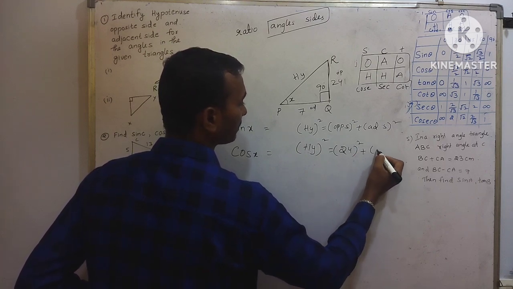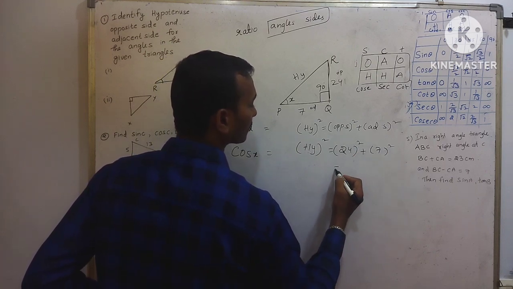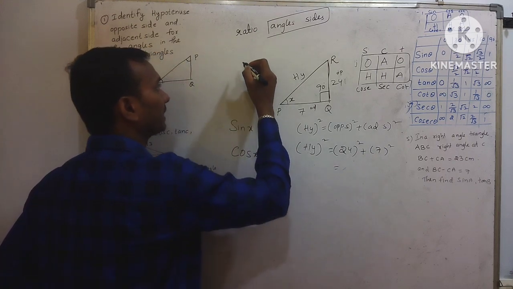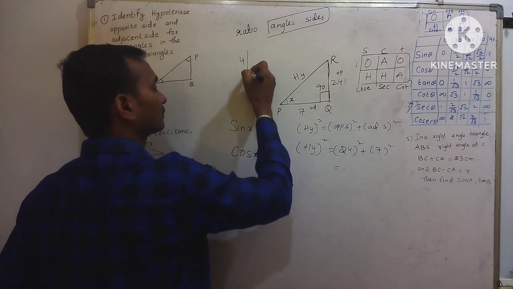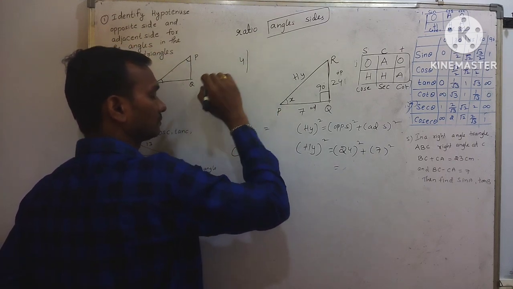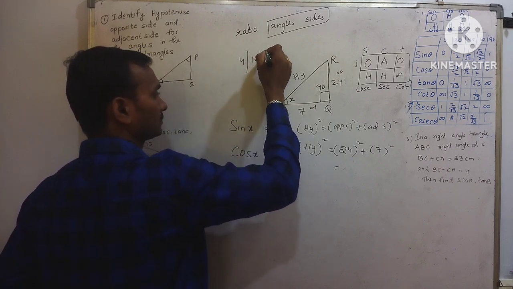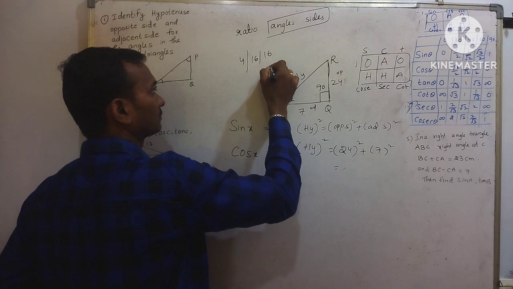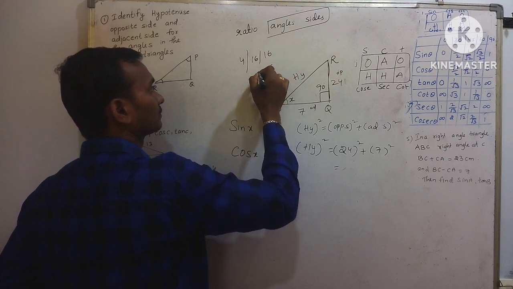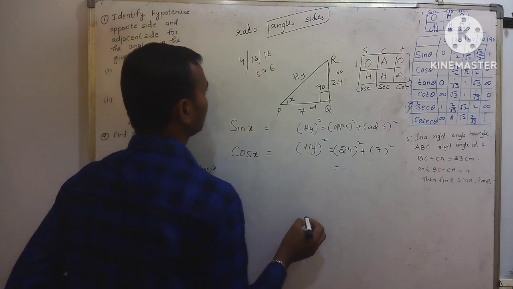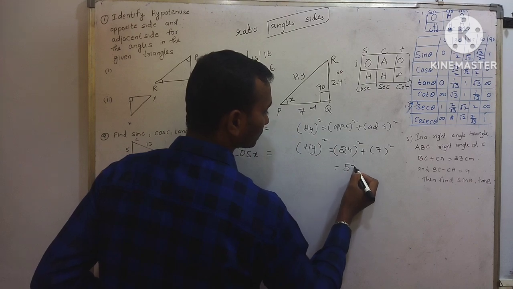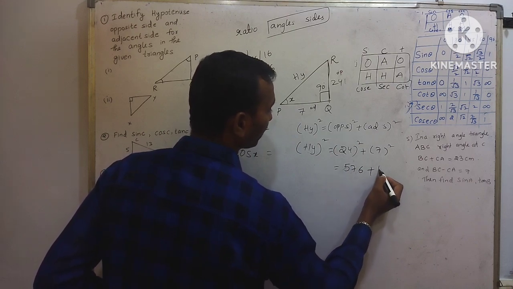Next, this is 7 square. So 24 square we have to calculate. It is 576 and this is 49.